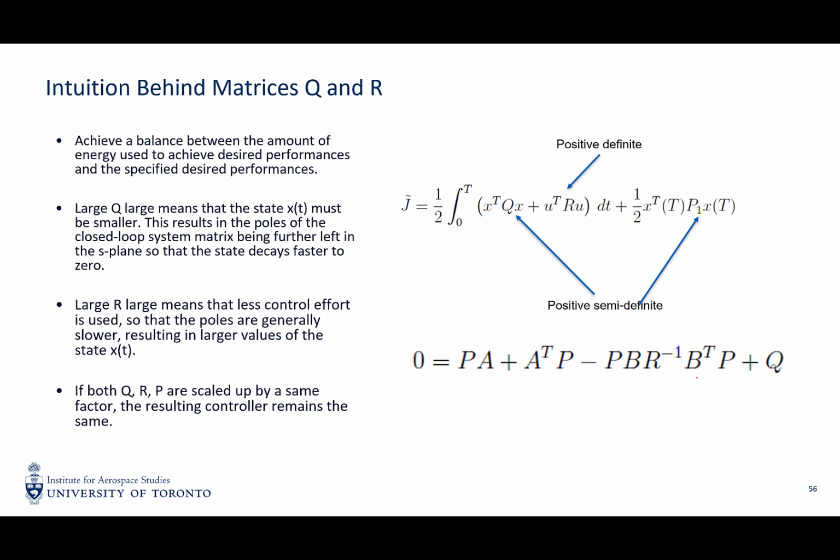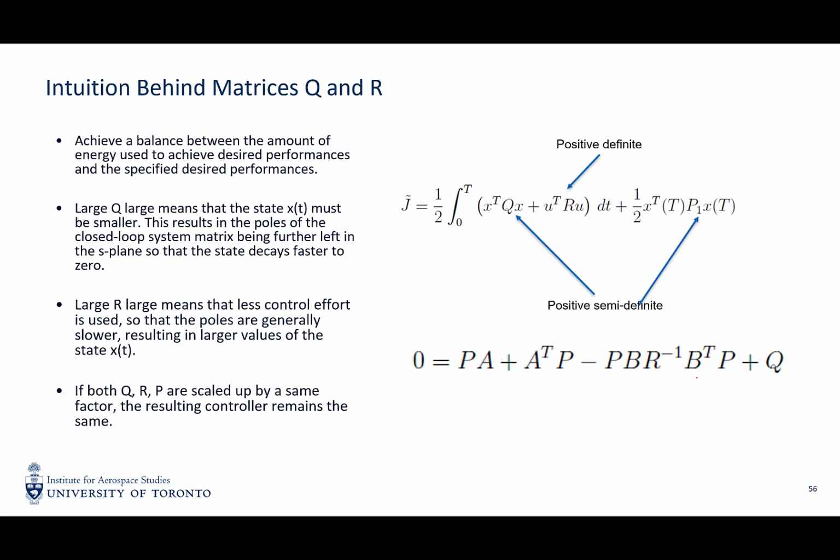So the rule of thumb is this: the Q and R control the performance and the amount of actuation you can put in the system. If you pick a large Q, it means you penalize the state error more, you put more emphasis on the state error, and then your performance will be better. If instead you set R to be large, you penalize more on the control input. Then your response will be slow and you will see some oscillations.